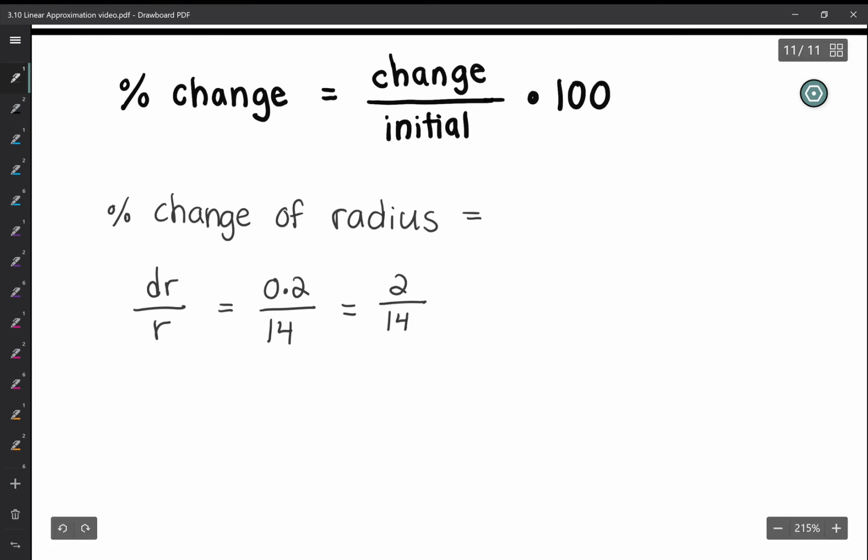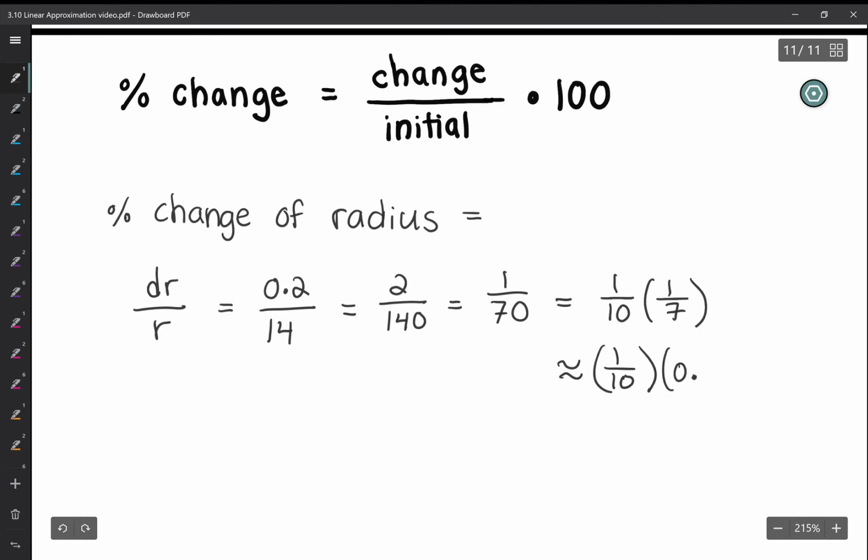So I have 2 over 140, which is equal to 1 over 70, which is 1 over 10 times 1 over 7, which is approximately 1 over 10 times 0.141414, and so on.